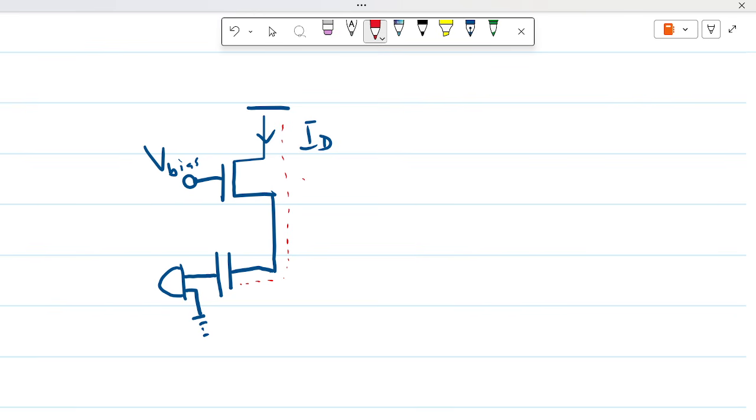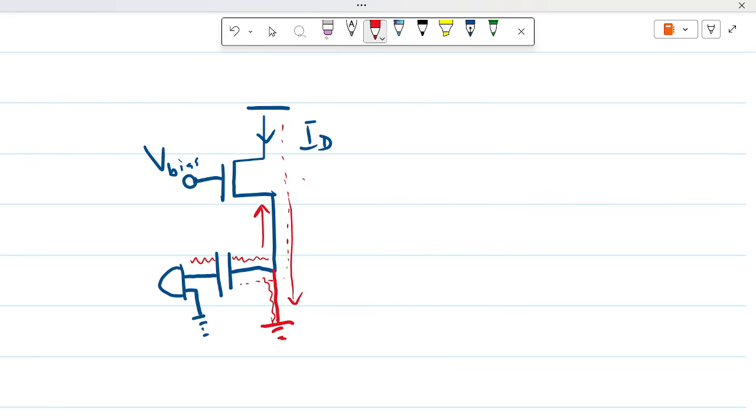So you will need to create another path for the DC signal. Now, if you decided to short circuit this, then there's a path for the DC signal to go to the ground. But when the microphone signal is coming, or the signal that you want to amplify is coming in, then the signal would also go to the ground rather than going to the transistor.